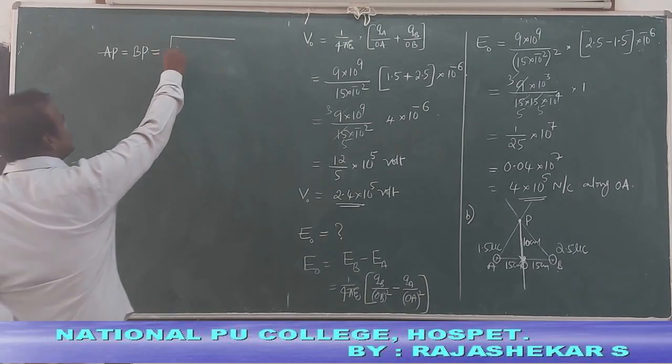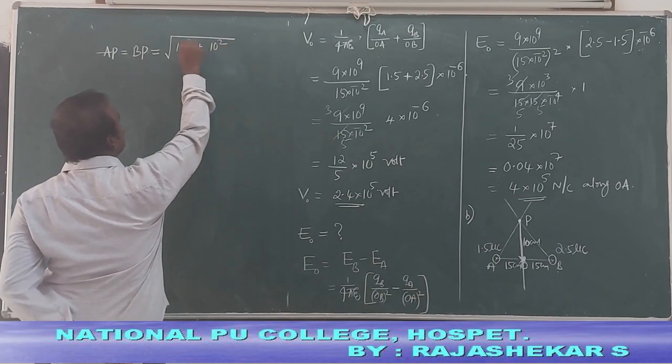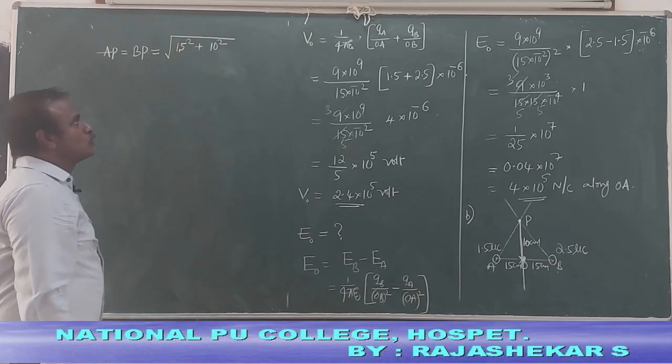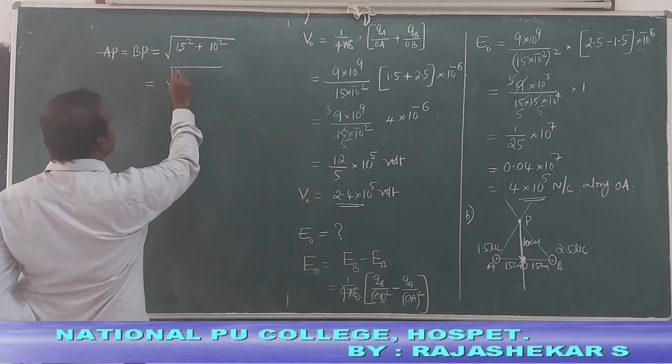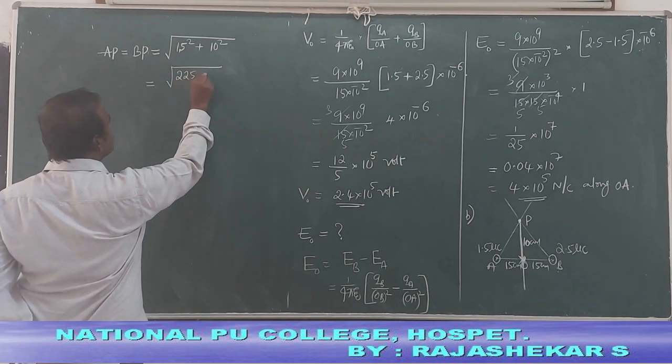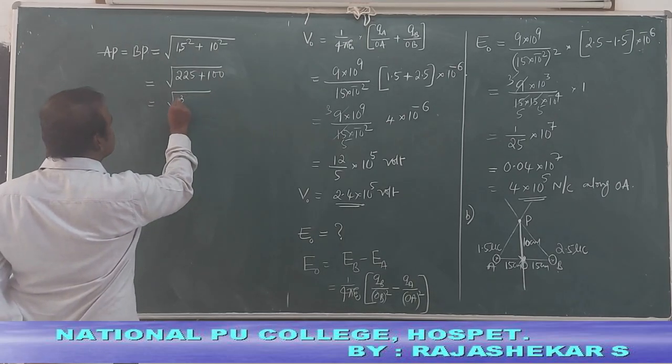Hence, it is 15 square plus 10 square, both in centimeters, which is equal to square root of 225 plus 100. This is the square root of 325, students.